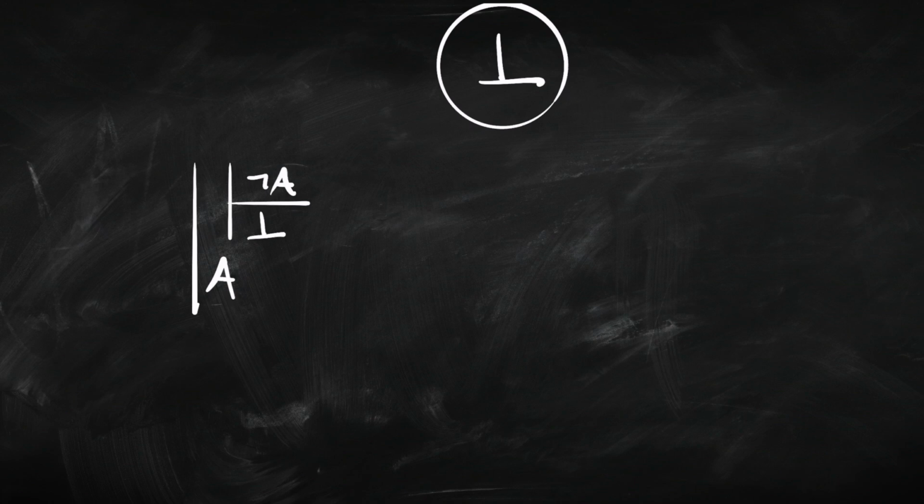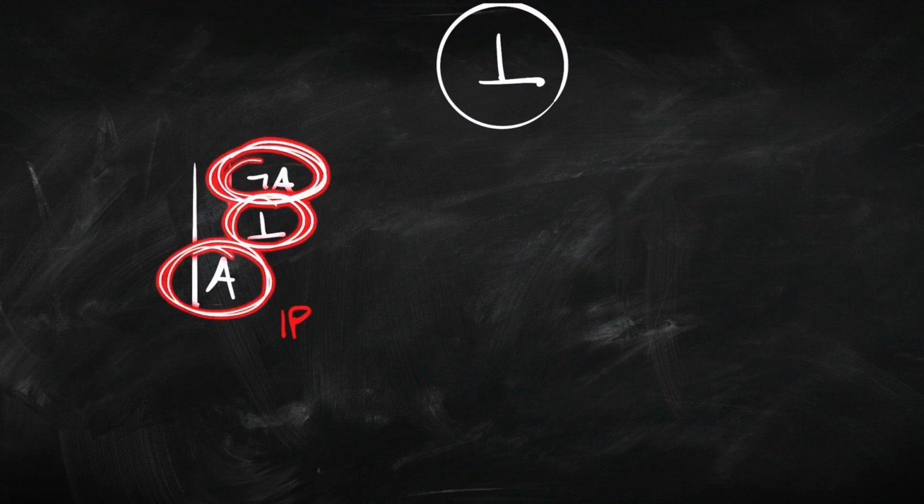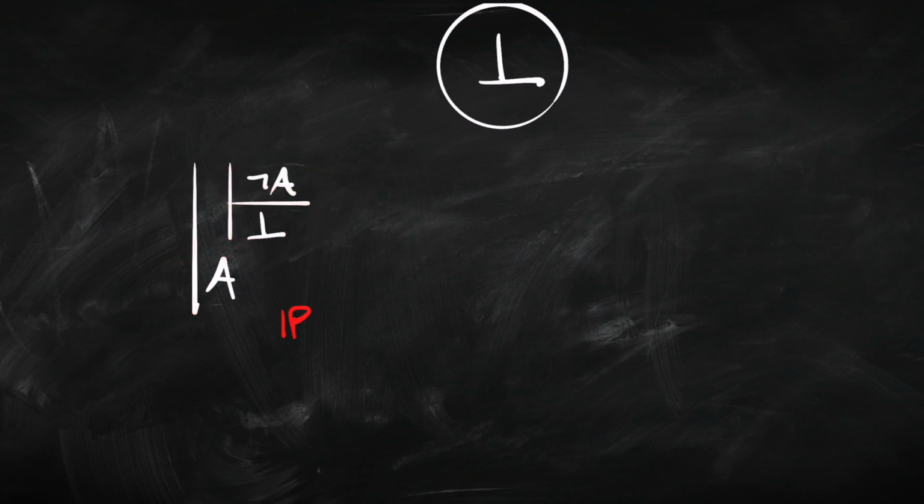It says if we start off assuming that A is false, not A, and we get a contradiction from that, our falsum constant, well, then we can infer A. Okay, so if we assume that something isn't the case and we're proved wrong, it must be the case. We infer A. That's known as indirect proof. It's called indirect proof because you kind of go around the houses a little bit. You're assuming that something is false, getting a contradiction, and inferring that it is in fact true. So that's one rule for falsum.